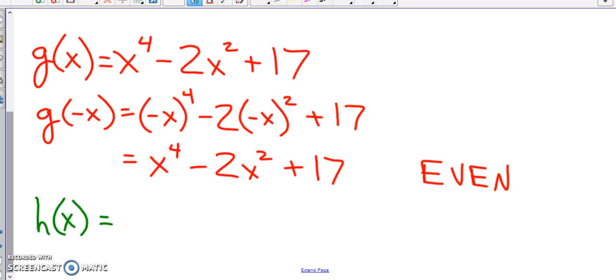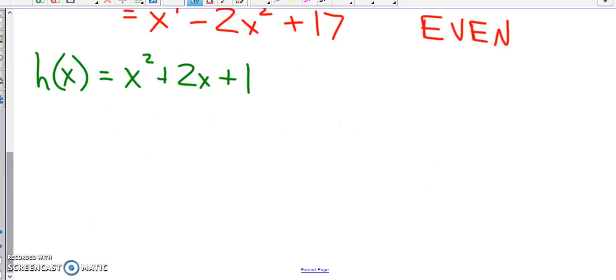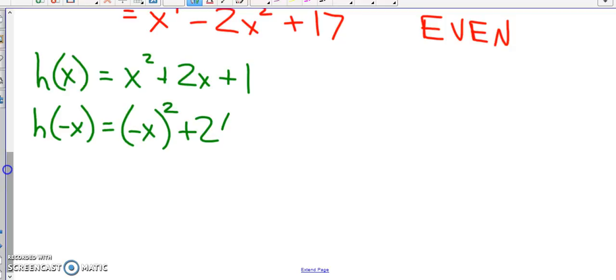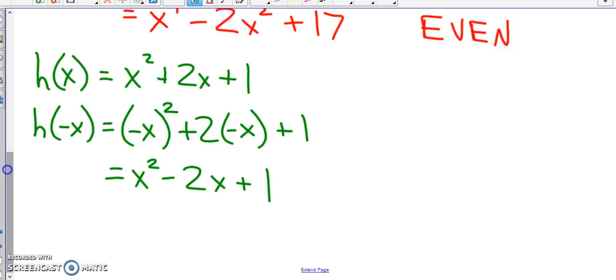All right, this one is x squared plus 2x plus 1. What would we get out of this one? This is x squared minus 2x plus 1.